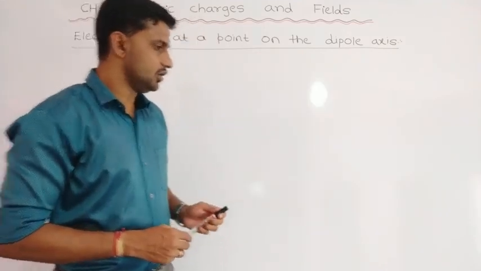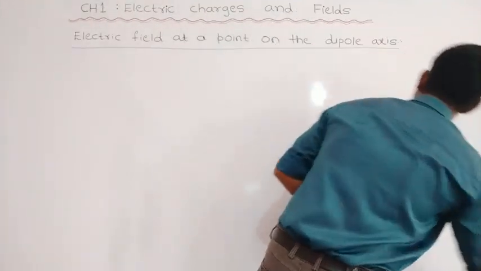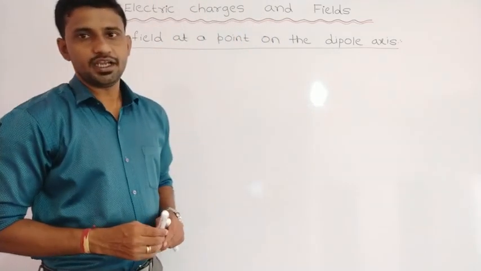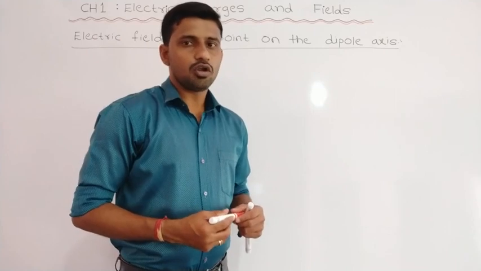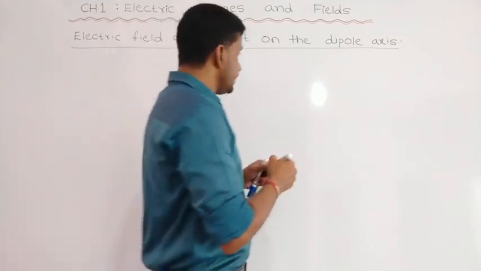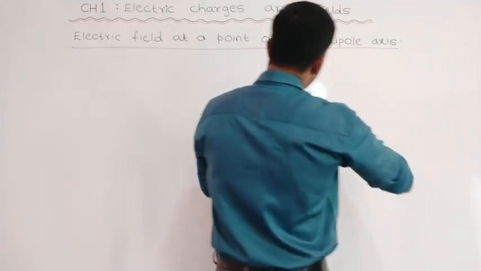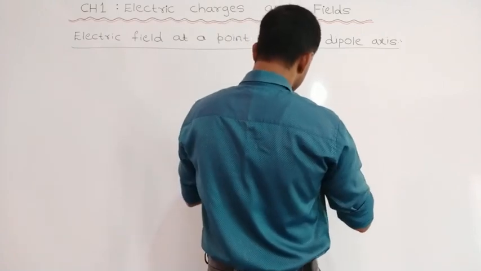To derive this, first we have to consider a dipole. Dipole means a pair of equal and opposite charges separated by a small distance, right? See here, I am considering a pair of equal and opposite charges.